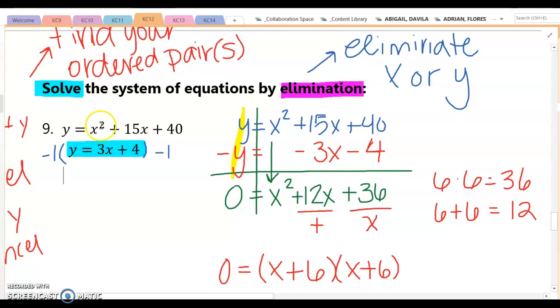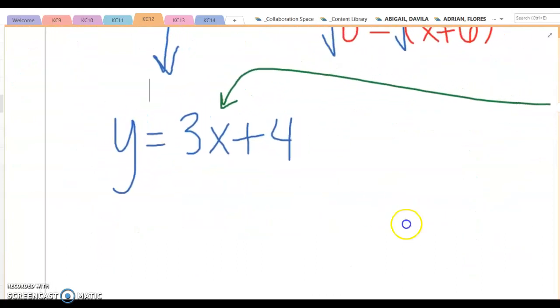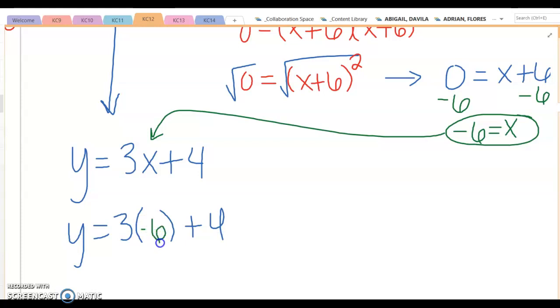This one is way easier to figure out what y is because x doesn't have an exponent. So we're just taking that, right, and we're bringing it down here to figure out how to solve for y. So we have y equals 3, and then we're going to replace the x with negative 6, right?